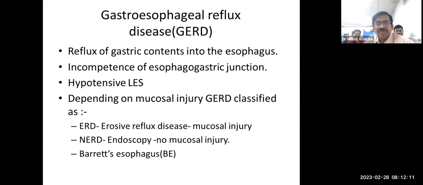Depending on the mucosal injury in the esophagus, GERD is classified as erosive reflux disease, when there is mucosal injury in the esophagus, or, in spite of acid reflux, there is no erosion or mucosal injury, described as NERD, non-erosive reflux disease. One complication of this reflux is Barrett's esophagus, where there may be changes in the lining of the esophagus from squamous to columnar.